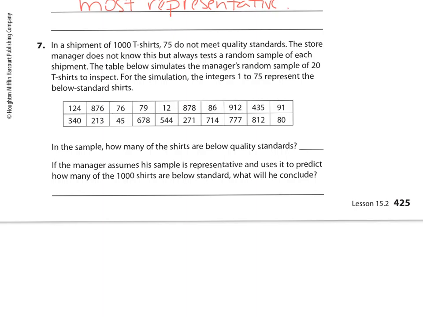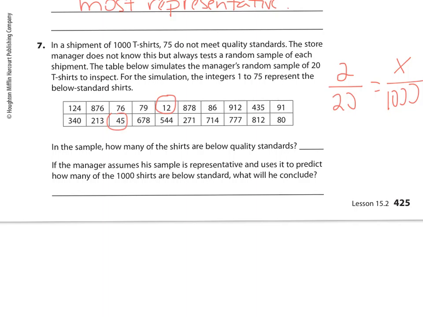So we're going to go through and circle the ones that are 1 through 75: 12, and 45. Okay, so there were 2 out of 20 that did not meet quality standards. We want to know how many out of 1,000 would not meet quality standards. So we're going to solve that proportion.